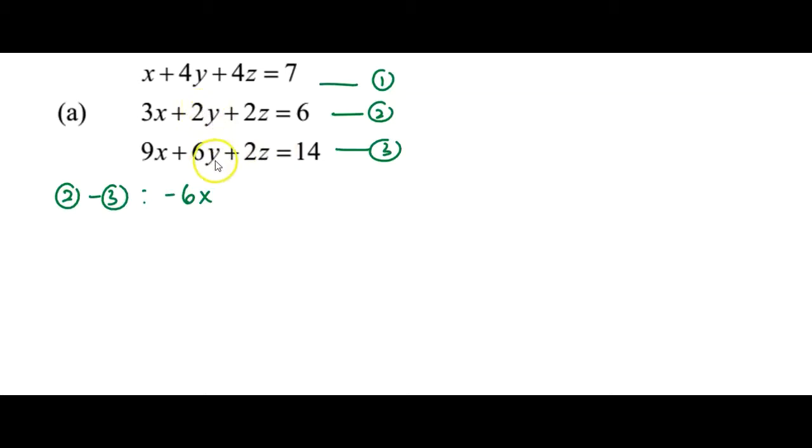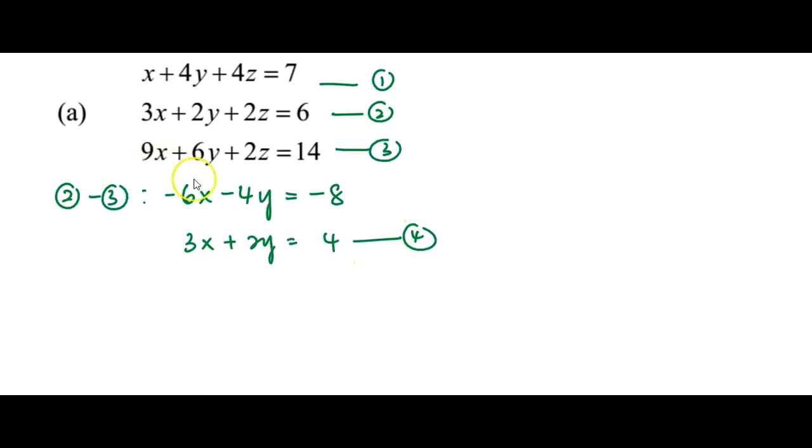And then 2y minus 6y will be negative 4y. 2z minus 2z eliminates the unknown z. 6 minus 14 will be negative 8. Simplifying it, we can see that we have a common factor, negative 2. Divide all the terms by negative 2, I get 3x plus 2y equals 4. Then we leave it first as equation 4.